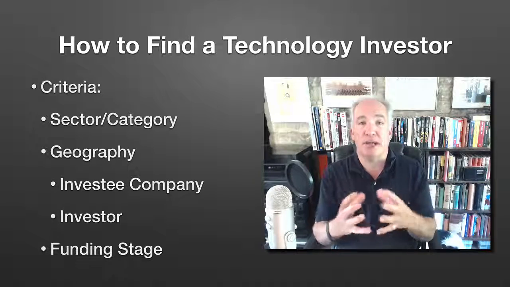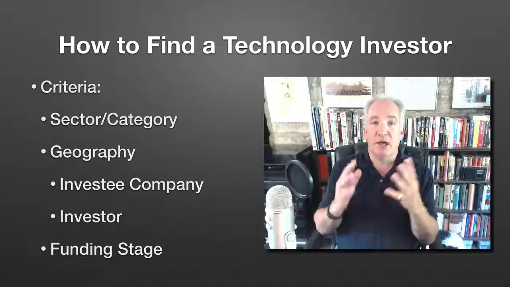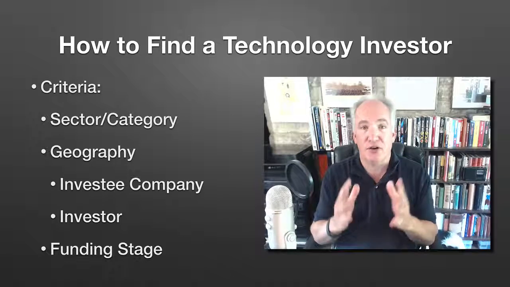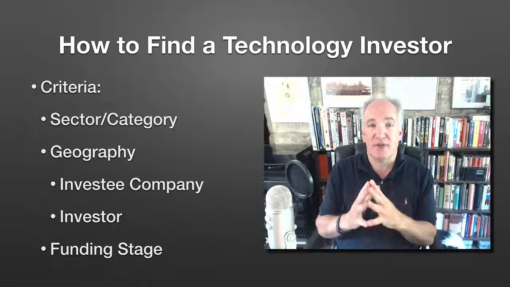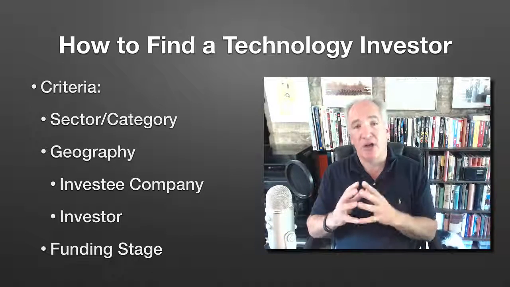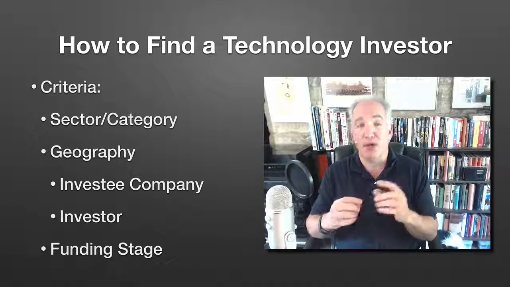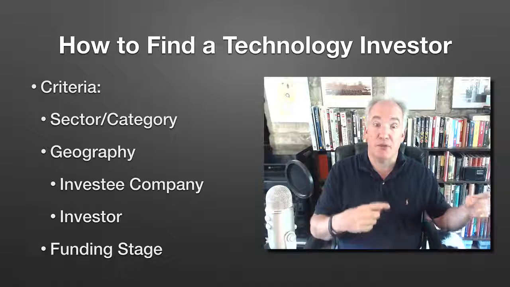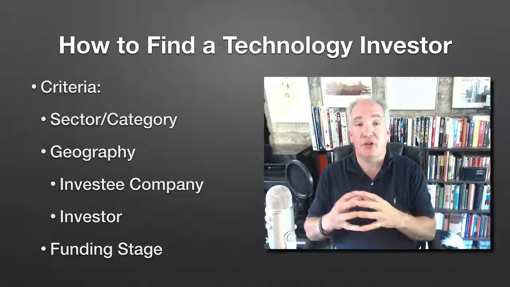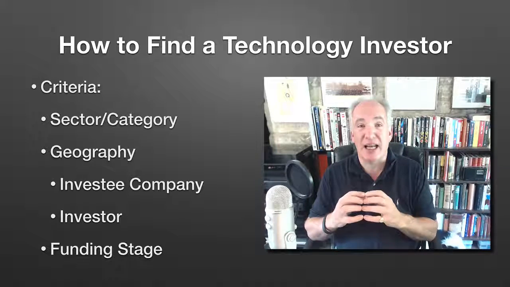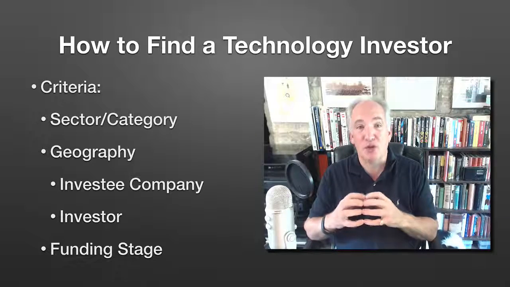Secondly, geography is really important. Obviously, you are going to be located somewhere in the world, probably in a major city, London, New York, San Francisco, wherever it happens to be. And particularly in the early stages, you will want to have investors who are close by you, or rather, the investors will want to be relatively close to you. So finding investors in your area is a very good way to start.